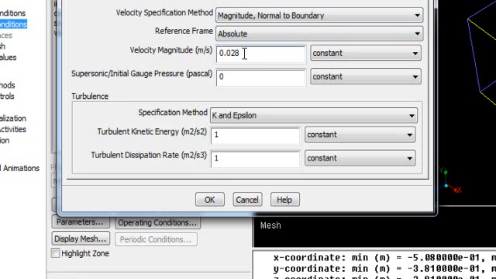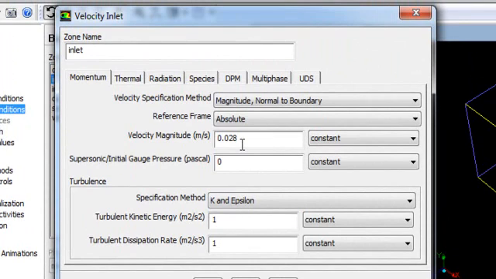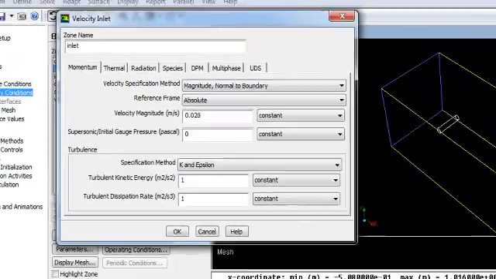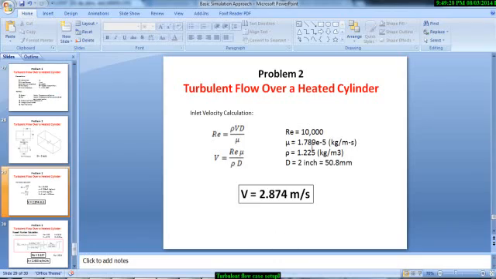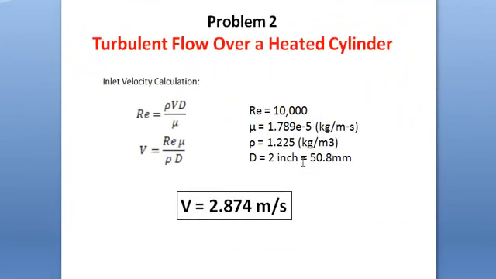Right now it's 0.028. That is the previous velocity when we tried to model the laminar flow problem. But for turbulent flow, definitely our velocity will be much higher, and we will find it based on our Reynolds number. So here is the calculation for velocity.